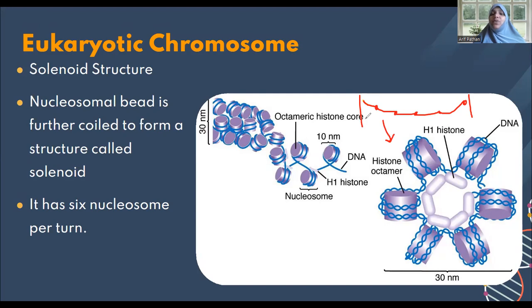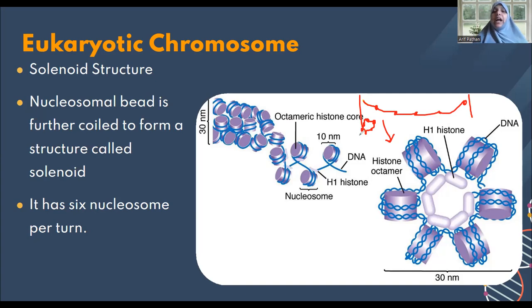So now this will come together. 1, 2, 3, 4, then you have 5, and then you have 6. So imagine this long necklace you folded, and you did turns, and you made it into such a small size.